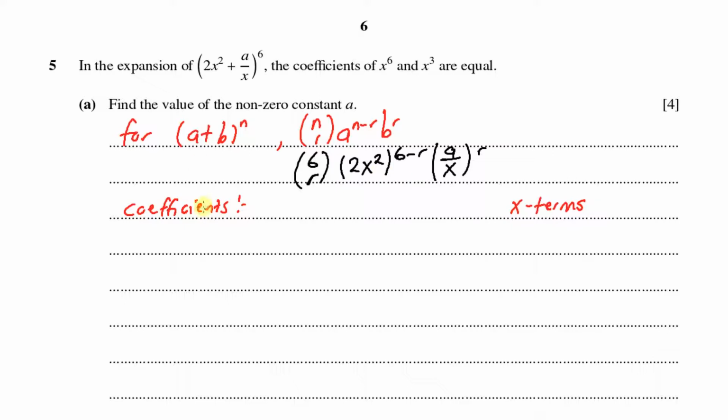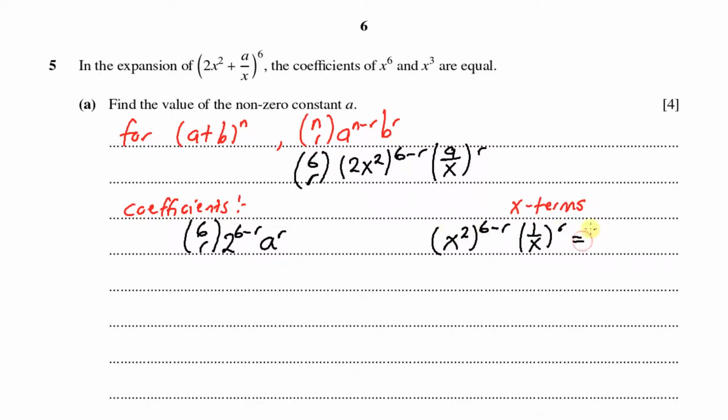So that will be 6 choose r, and here we take the 2, so that's 2 to the power of 6 minus r, and here we take a, raised to the power of r, so that's a to the power of r. And for the x terms, I'm going to take only the terms in x, so that will be x squared, raised to the power of 6 minus r. And here we have 1 over x, raised to the power of r.